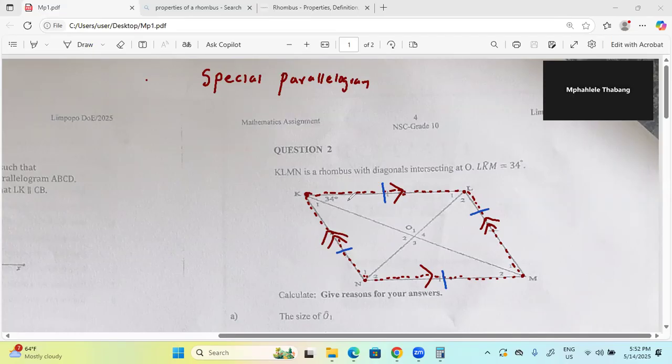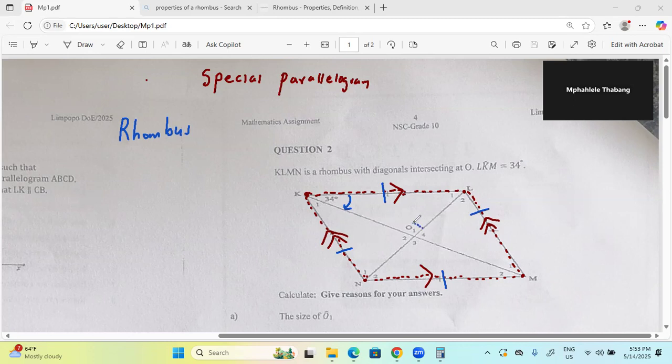So he told me that the angle here is 34. Now he's saying give with reasons for your answer the size of O1. So he's looking for O1. Okay, I will say to you guys, if a shape is a rhombus, the diagonals are perpendicular bisectors, meaning that the diagonals intersect at a point where all those angles at a point are 90 degrees.